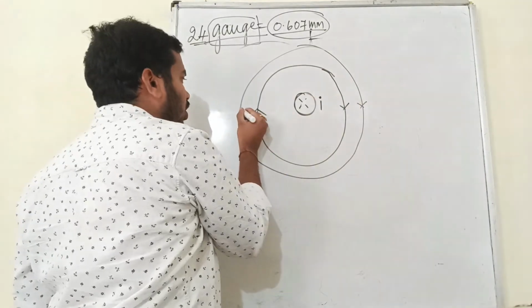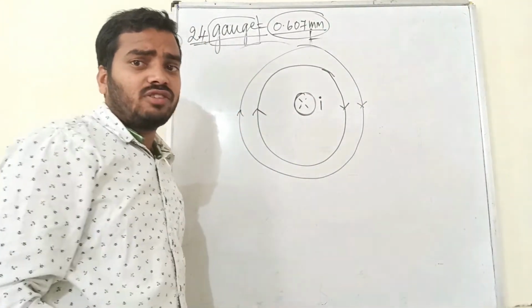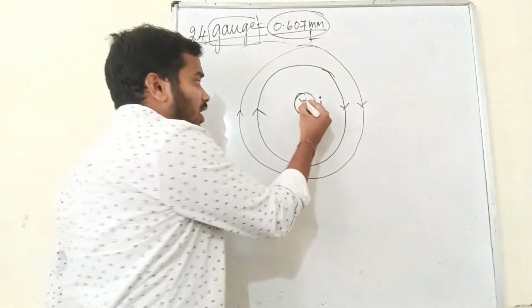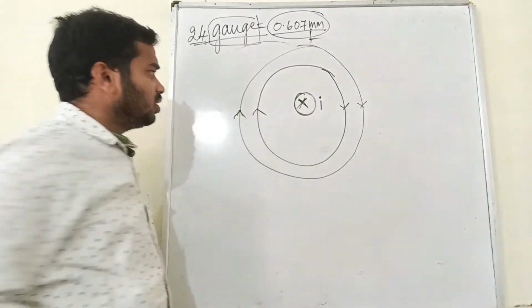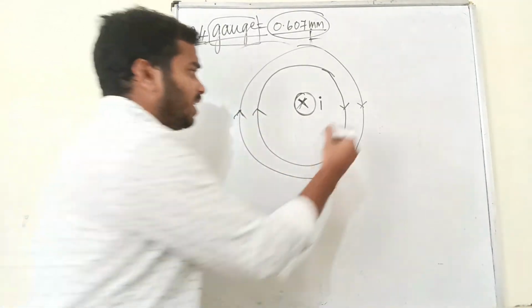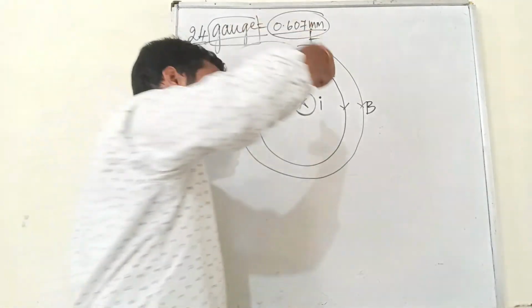Always remember the magnetic field lines, or else the magnetic lines of force would be a closed loop. So this is the direction of the magnetic field around a current carrying conductor which carries current into the plane.